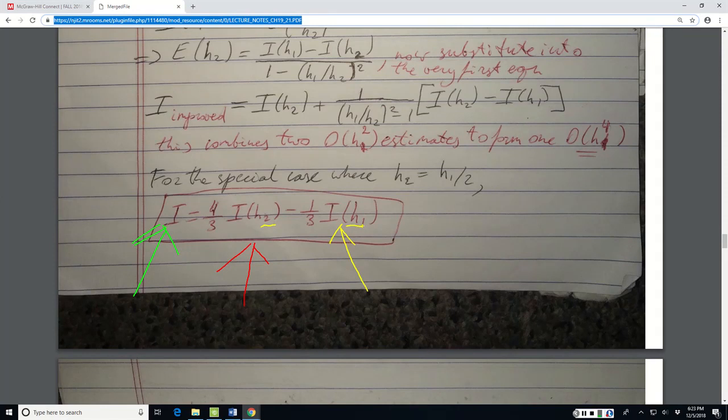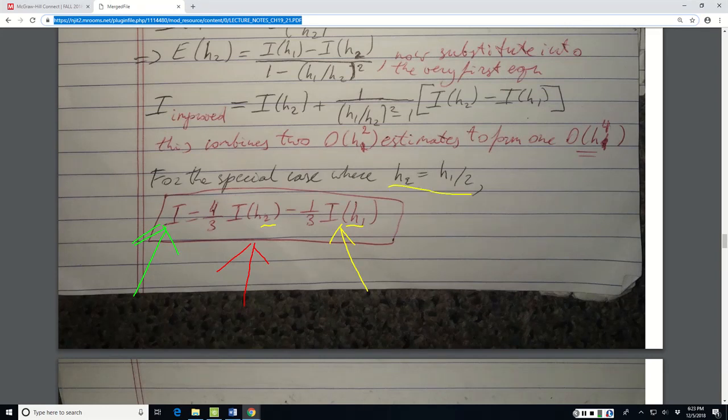You see there's h1 and h2. So that's the key there. You have to have two lower accuracy estimates with different step size. You can combine them in this very easy formula, and the answer will be a higher order accuracy, more accurate estimate of your integral.